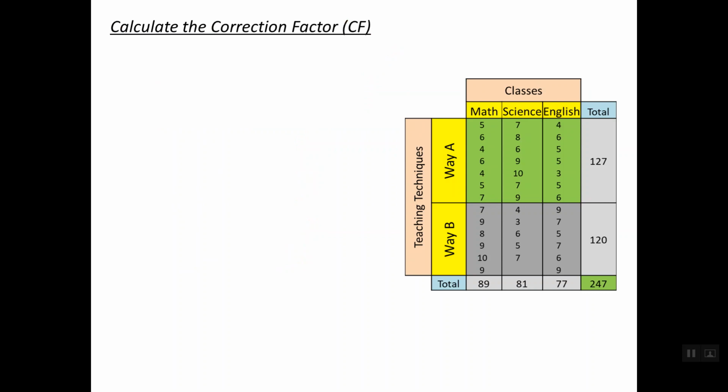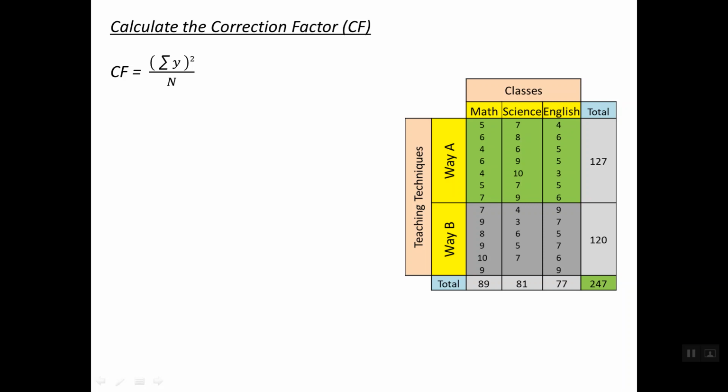Before starting the calculation for the SS, we need to calculate the correction factor. The correction factor formula is simply the summation of the total observations.